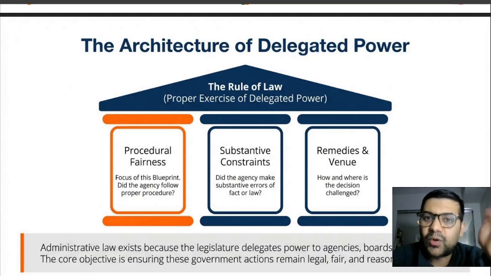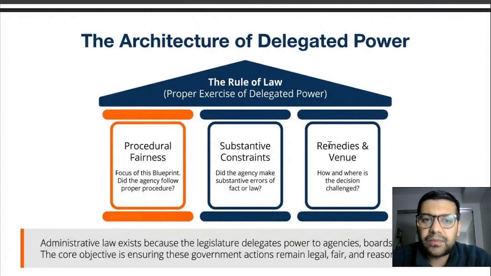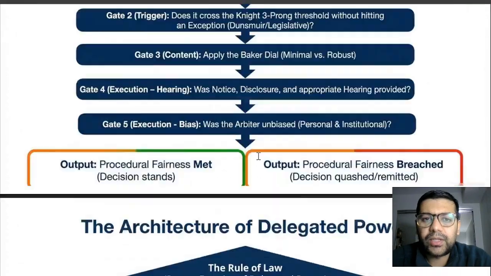If it's only one question, they will check almost every concept from the procedural fairness, from the standard of review, and from the remedies that could be available to a person. These are the three pillars, the rule of law. That's how administrative law is executed.